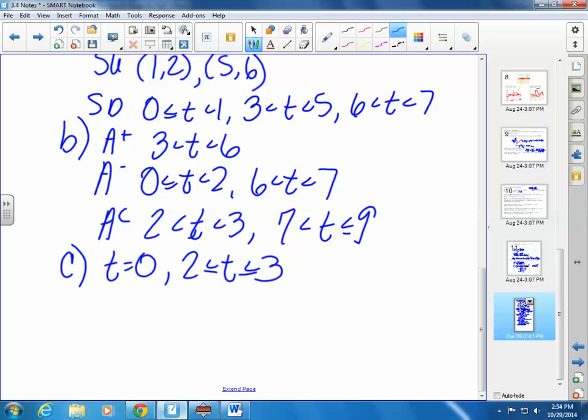When does the particle stand still for more than an instant? There's 2 spots. 2 to 3 and 7 to 9.